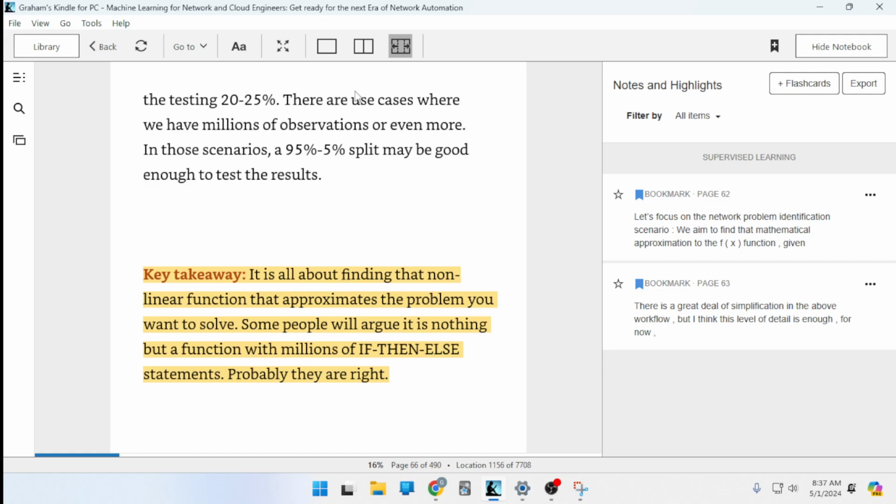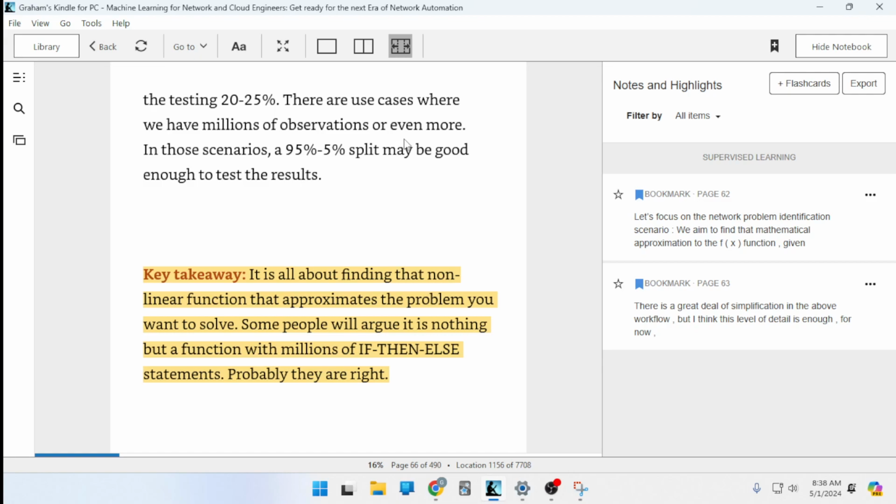There are use cases where we have millions of observations or even more. In those scenarios, a 95% to the production data and a 5% to the training data split may be good enough to test those results, because this 5% is going to constitute a much larger number than if the overall number was lower.